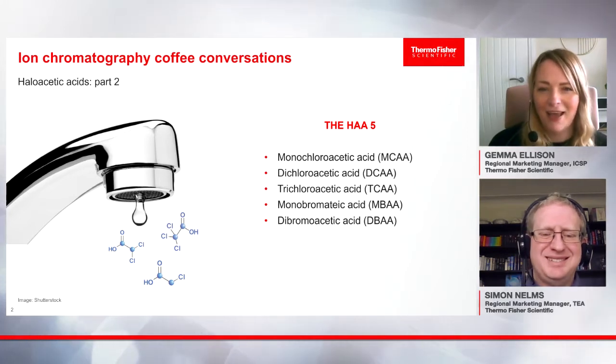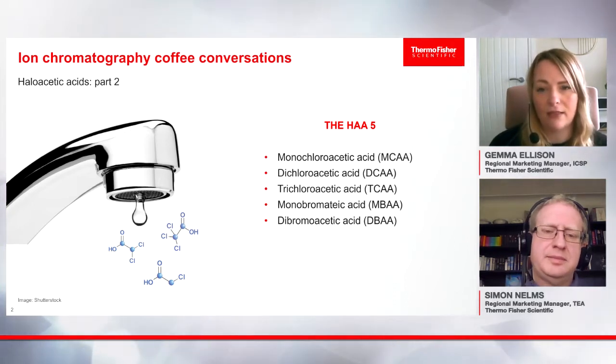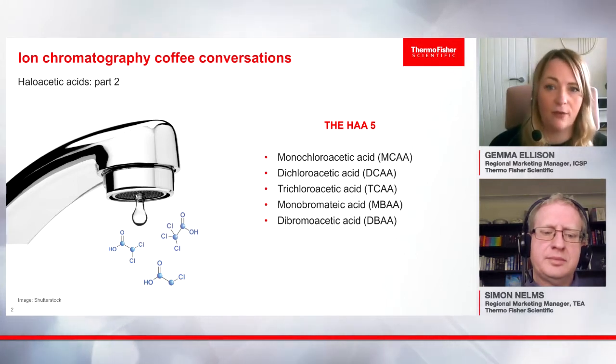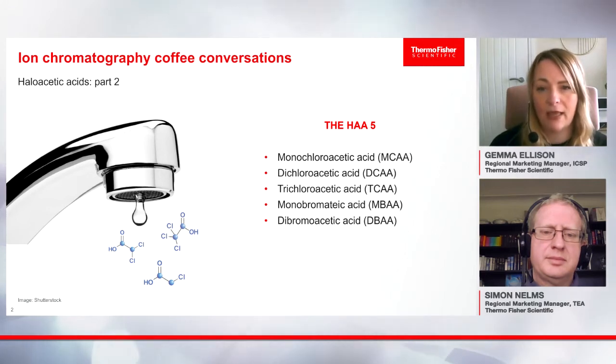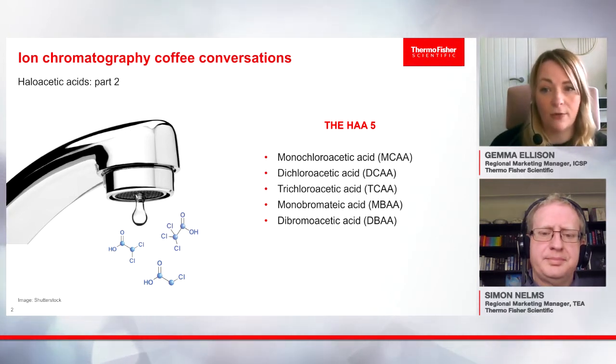That's the ones. So the US EPA has two analytical methods for regulating the HAA5, and they have really led the way in regulating haloacetic acids, and most other countries have followed their lead to different extents. The US EPA has also been running an unregulated monitoring programme, and the latest version of this is the fourth Unregulated Contaminant Monitoring Rule, UCMR.